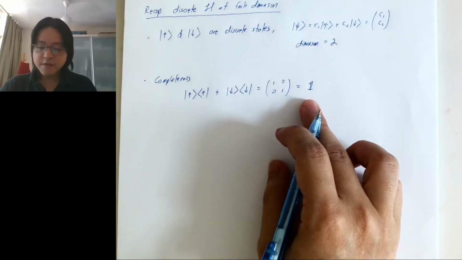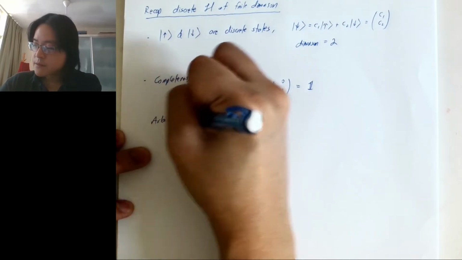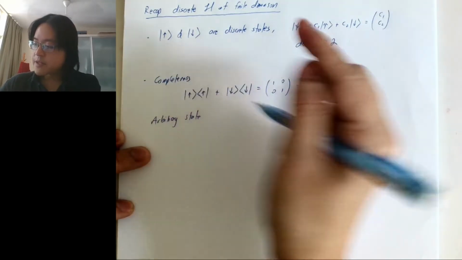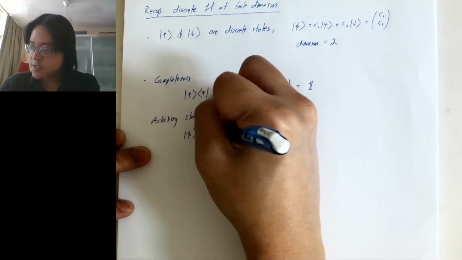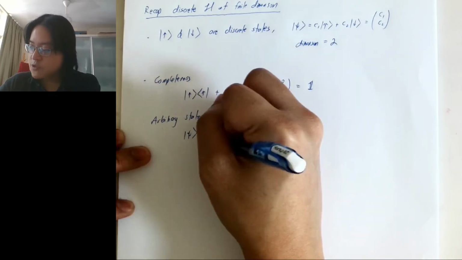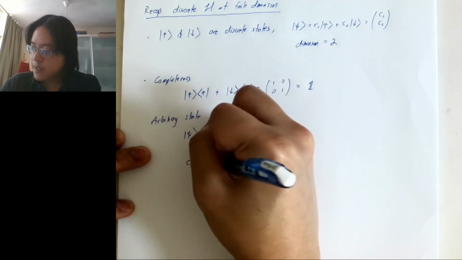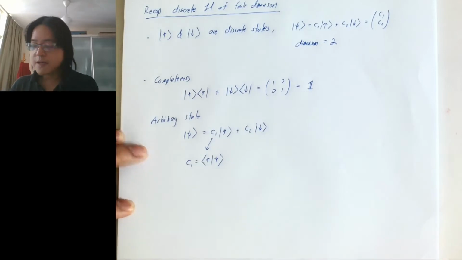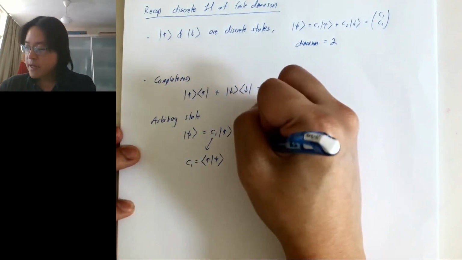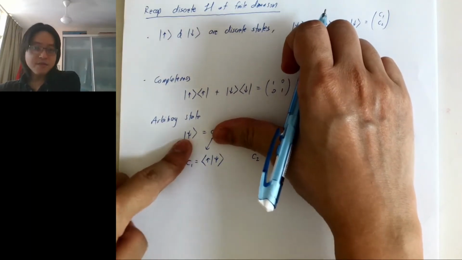So the completeness relation is given by this, and then an arbitrary state, which I already wrote here, is just C1 spin up plus C2 spin down. What I do want to point out is that C1 is given by computing bra up, and then you close with the ket, the state itself. And then to calculate C2, usually you don't know, you just know this kind of state.